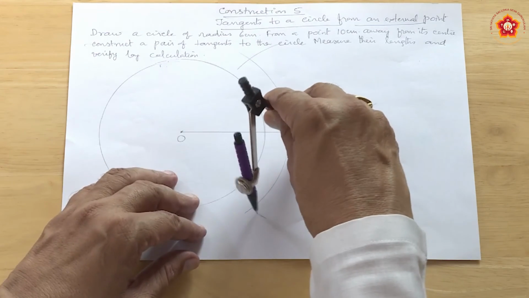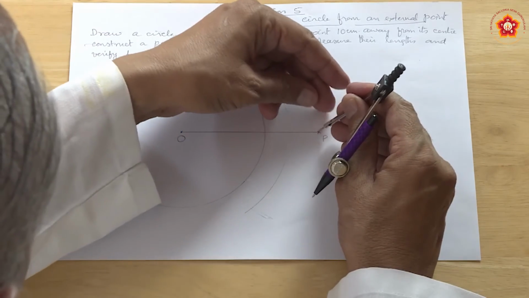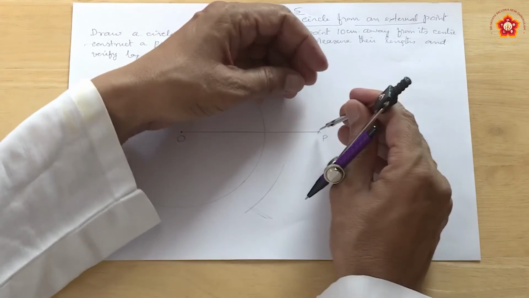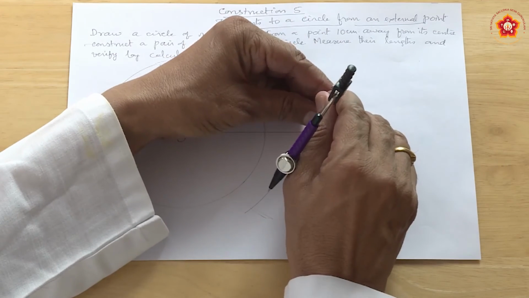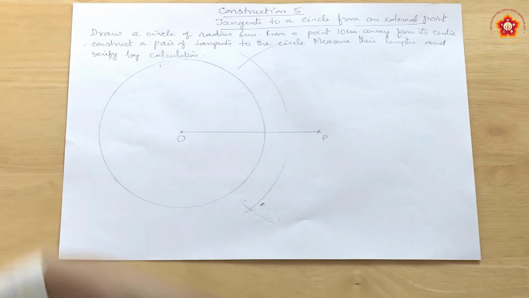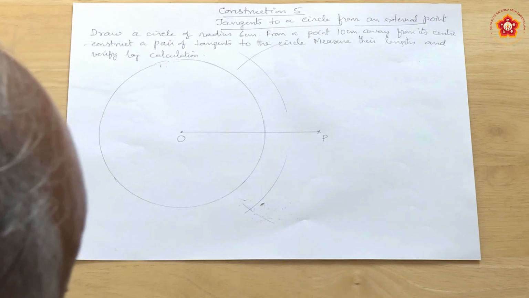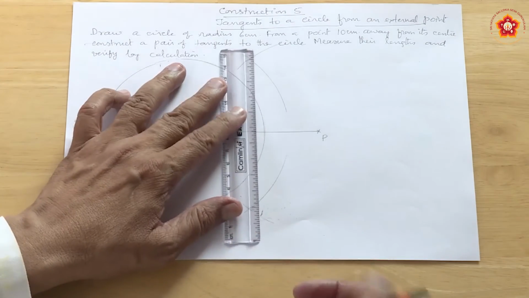One above, one below. And these arcs cut at a point, and these two arcs should be joined. So what you have drawn now?